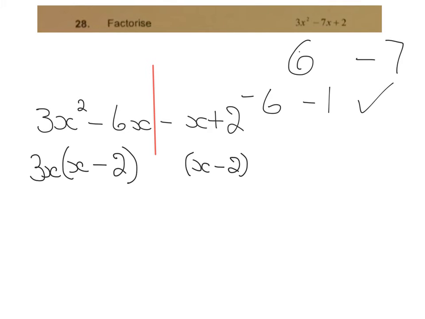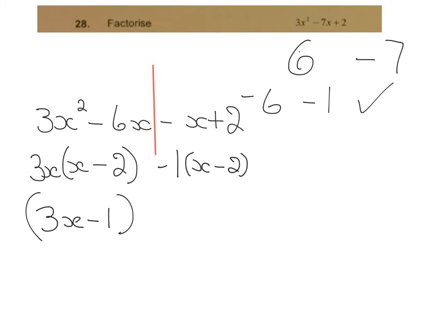So our common factor that we're pulling out here is minus 1. Now we're going to rewrite it with our common factors inside one bracket. So we do 3x minus 1. We've taken that, and we have put them inside one bracket.